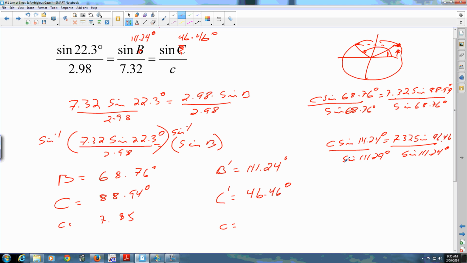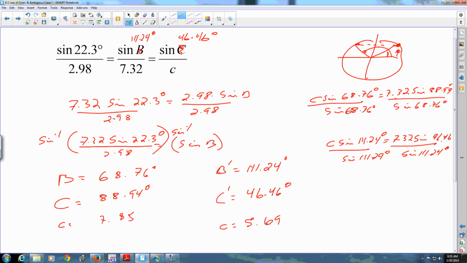And that'll give rise to a different c. So 7.32 times the sine of 46.46, close it, divide by the sine of 111.24. And that gives me a new side c of about 5.69 units long. So you can see there are two entirely different triangles that get set up.